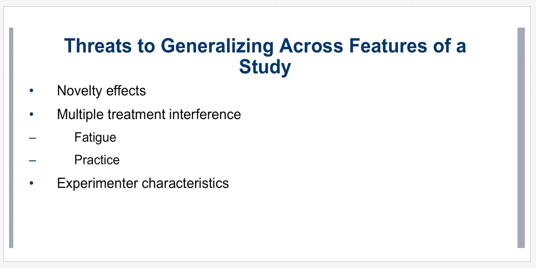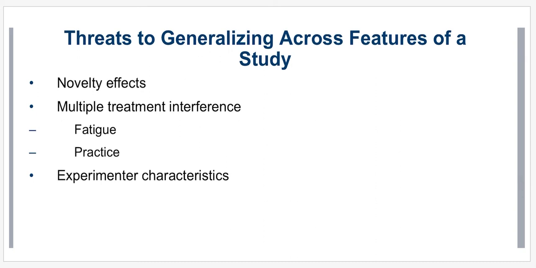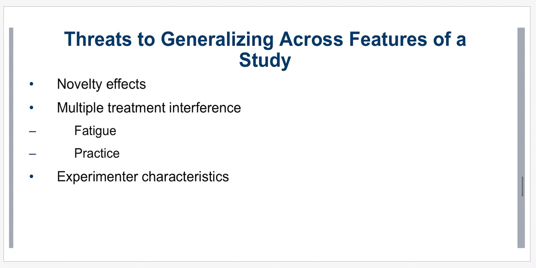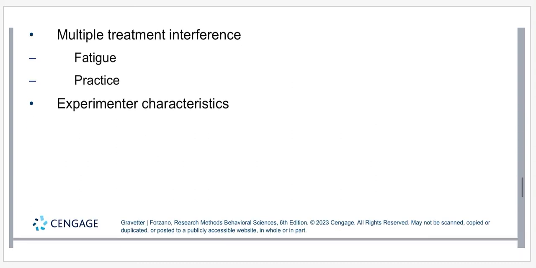I mean, you just never know. And so these are things that you need to be aware of, that could have an effect depending on what you're studying. And it could cause you to not get the same results if you used a different experimenter. Now, if you used different experimenters, or if you used different treatments, or you put them in other new novel situations and you got the same results, then you would know that your results can carry over. But again, that's why multiple research studies on the same things are so important.